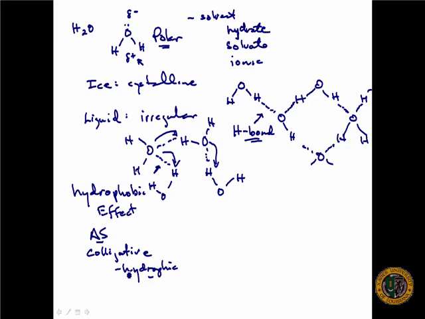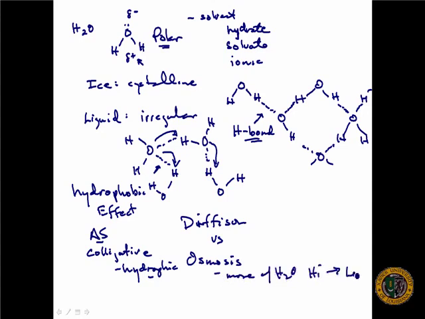Also, we need to know the distinction between diffusion and osmosis. Okay, you know that's the movement of water from an area of high concentration to low concentration. And osmotic pressure is a measure of the pressure that water exerts on a surface when it tries to move from high to low.